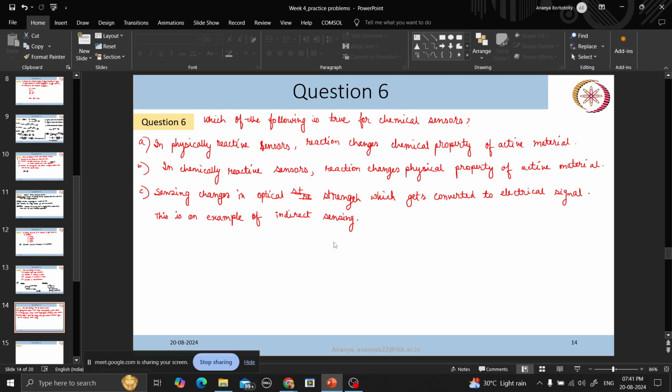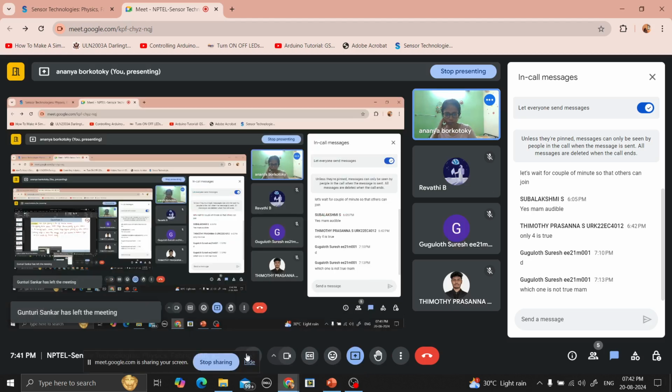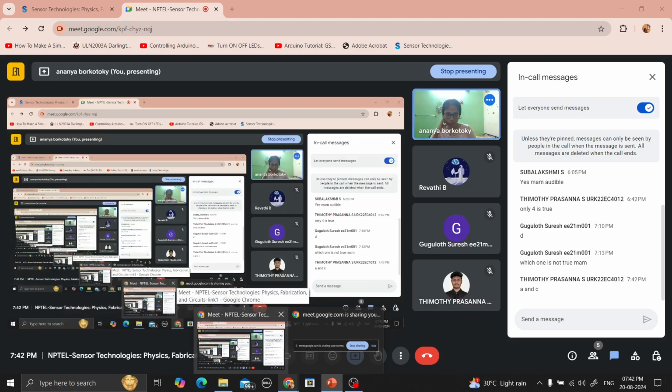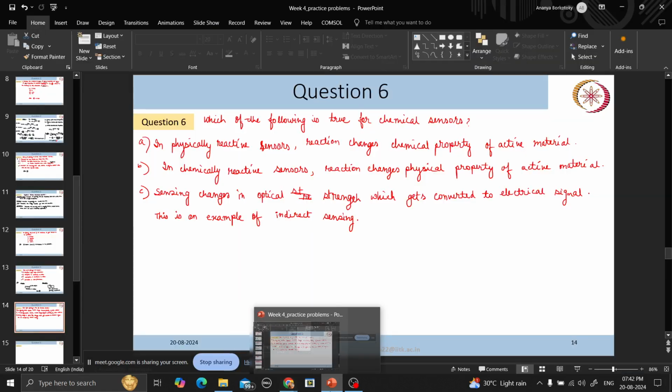So what is the answer? Which statement is true among these options A, B and C? A and C. Okay.